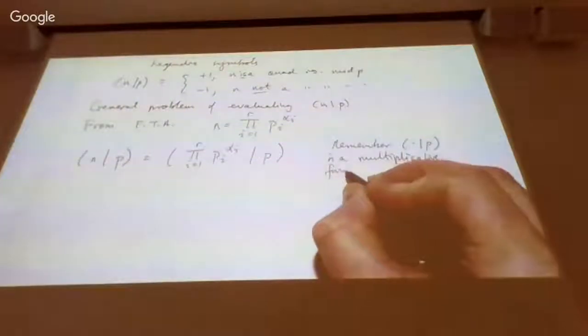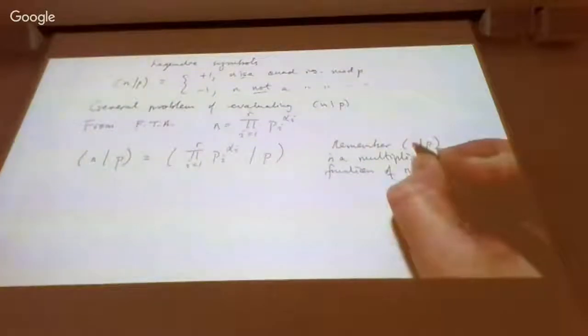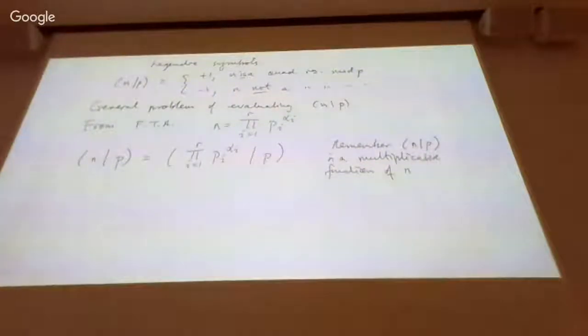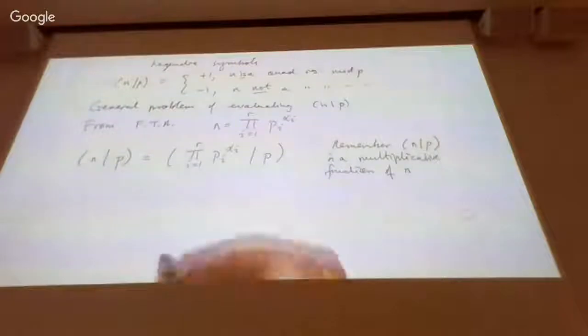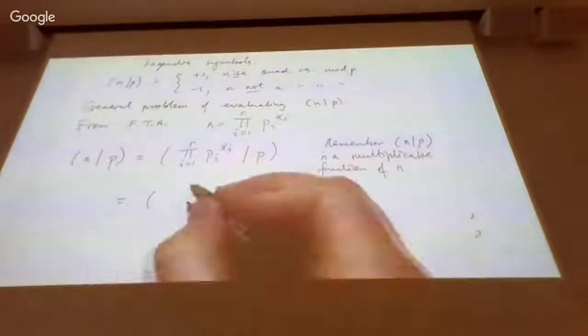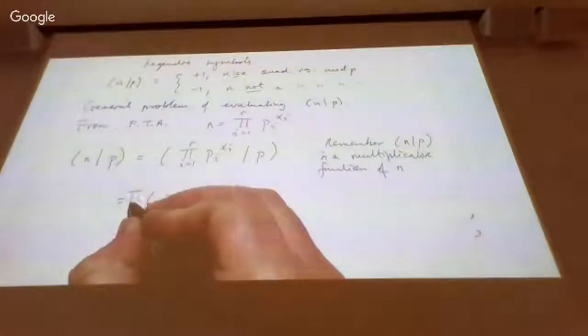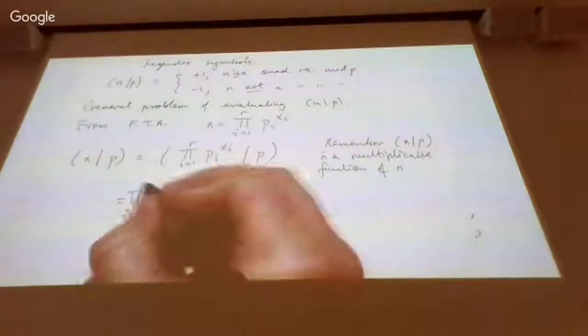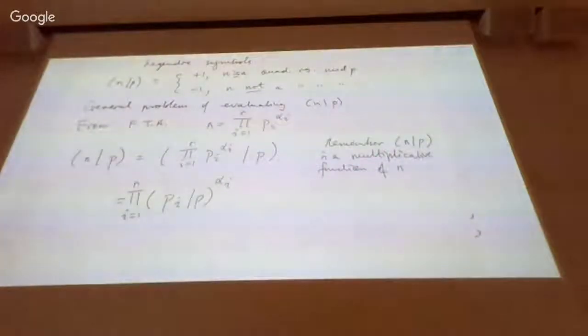Whatever's in the first argument, the Legendre symbol of that number is a multiplicative function. So here you've just got a big product representing n. This reduces to the individual Legendre symbols, taking the product of them all from i equals 1 to r and raising each one to the power alpha_i. You get that from just applying the multiplicative property of this function.